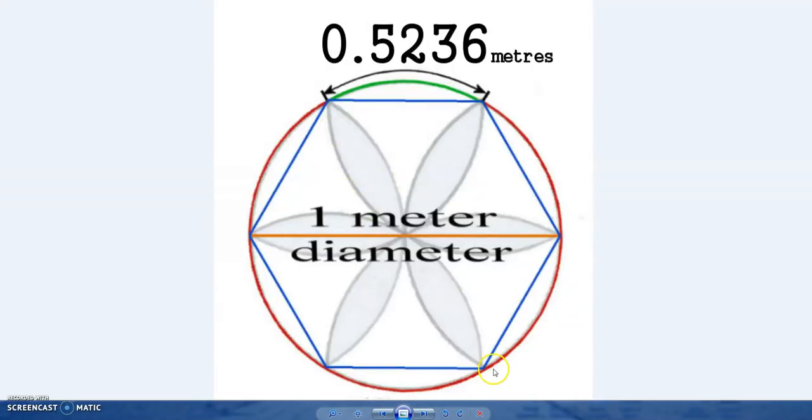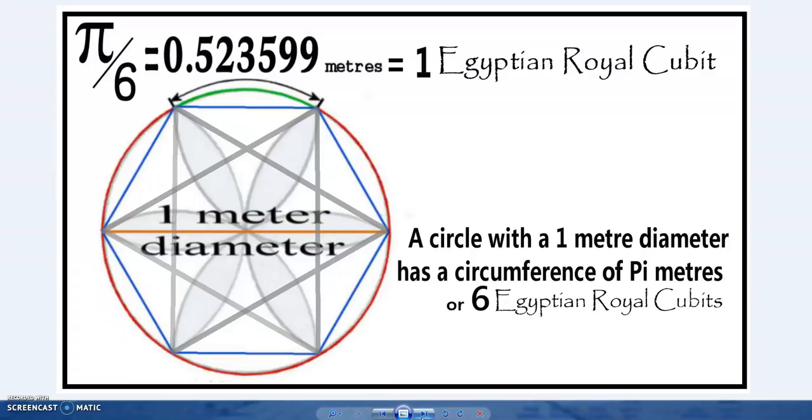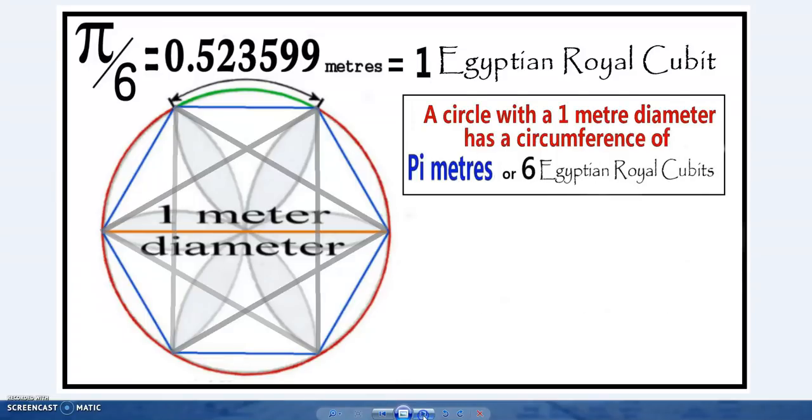Again, if you draw the flower of life, the hexagon is just this perfect shape in nature. That's why bees use it. The radius of the circle is equal to the edge length of the hexagon. Same thing.